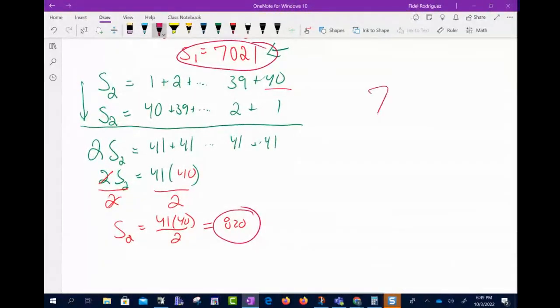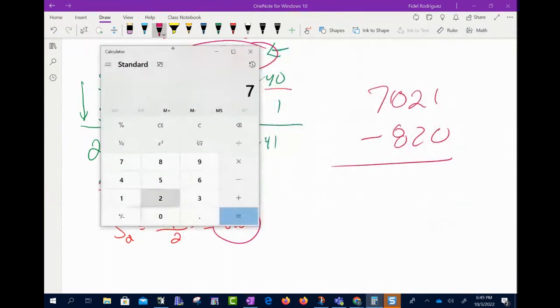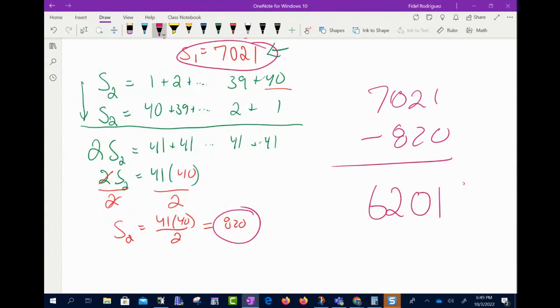So what we can do is we can say, look, let's take 7021 and let's subtract 820, and let's see what we end up with. So if I take 7021 minus 820, I'm going to end up with 6,201, and that would give me my answer because we took everything from 1 through 118, and then we subtracted the first 40, and that leaves us with the 41 through 118. So look, I'm coming up with 6,201.